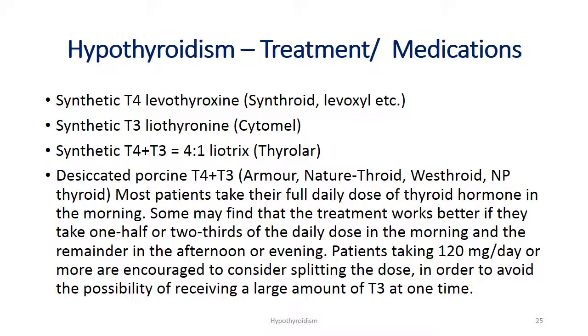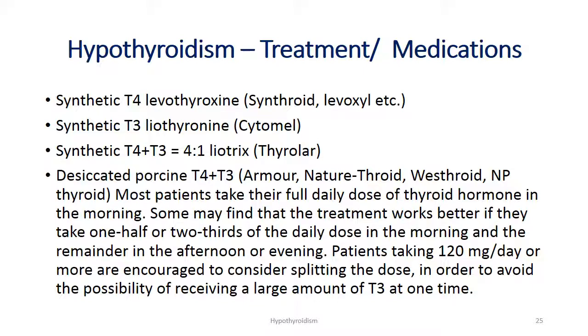There's also desiccated porcine thyroid in the form of Armour, Nature-Throid, etc. that's available. Most patients take their full daily dose of thyroid hormone in the morning. Some may find it useful if they split and take half to 2/3 of the daily dose in the morning and the remainder in the afternoon or evening.